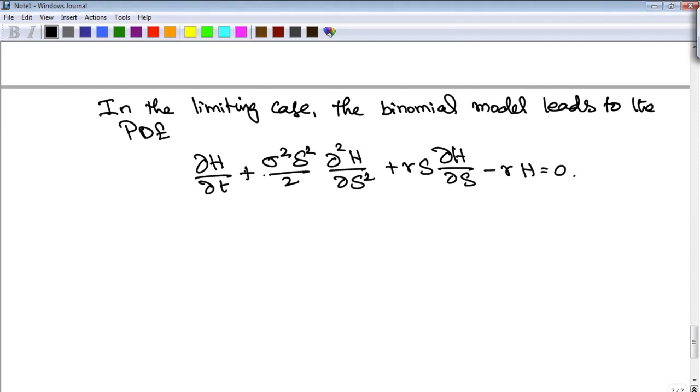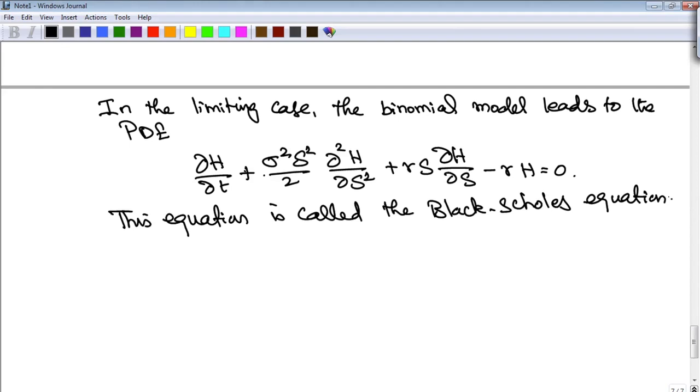And this is called Black-Scholes equation. This is also sometimes called Black-Merton-Scholes equation. So the three are well-known economists.